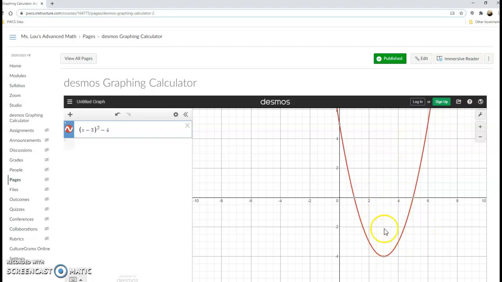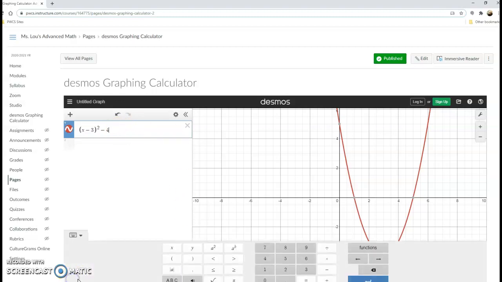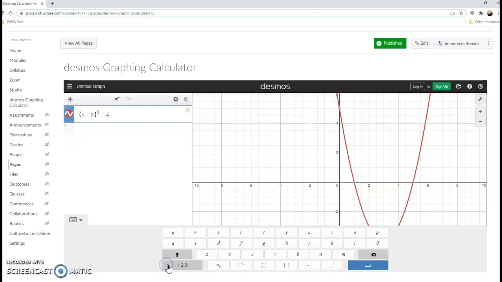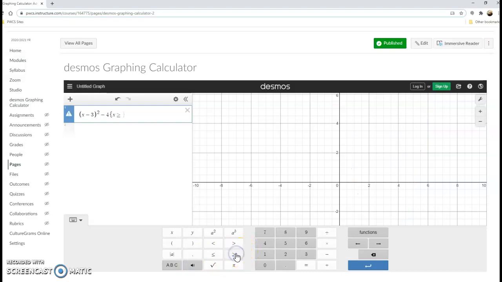So if I'm looking here, there's my vertex, that's my dividing line between my left and my right side. I only want the right side of my domain, or in other words, I only want the x's. So I'm going to bring up my little brace, which is what makes x's greater than or equal to 3, and that's what indicates domain.